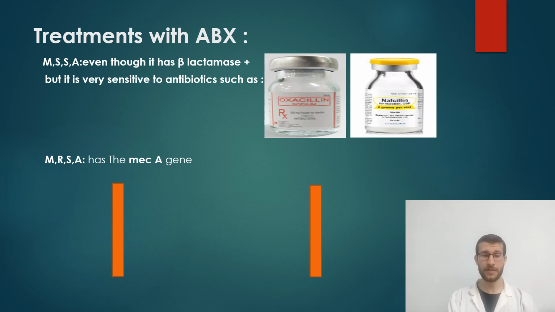But after that, these bacteria have developed a resistance against these antibiotics, and it became methicillin-resistant Staphylococcus aureus because it has the mecA gene that gives it the ability to develop a protein called PBP2 alpha. This protein can diminish the methicillin efficacy. So the methicillin efficacy is diminished by this protein.